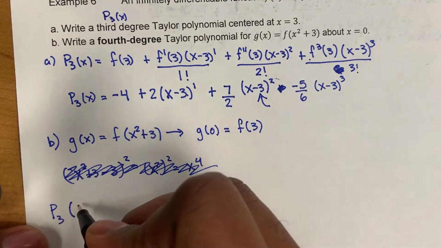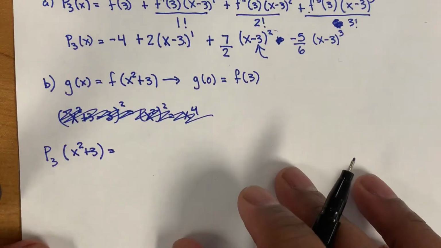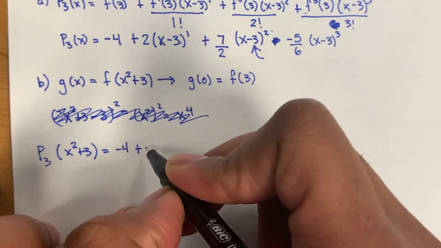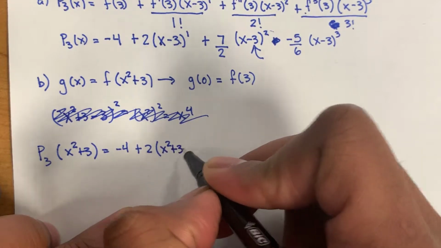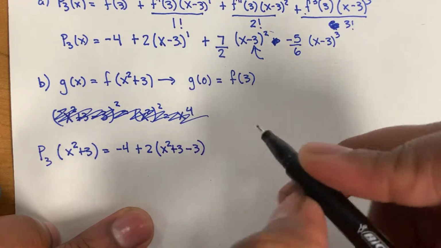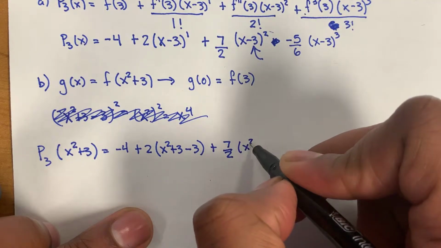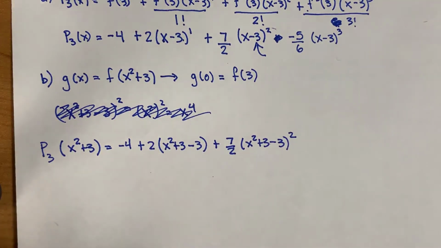So P3 of x squared plus 3 is going to equal -4 plus 2 times x squared plus 3 minus 3, plus 7/2 times x squared plus 3 minus 3, squared.